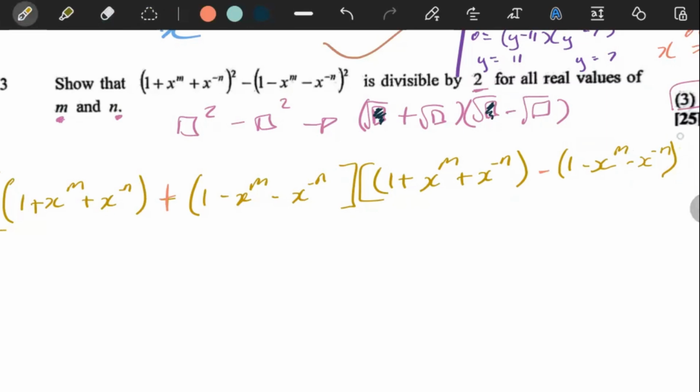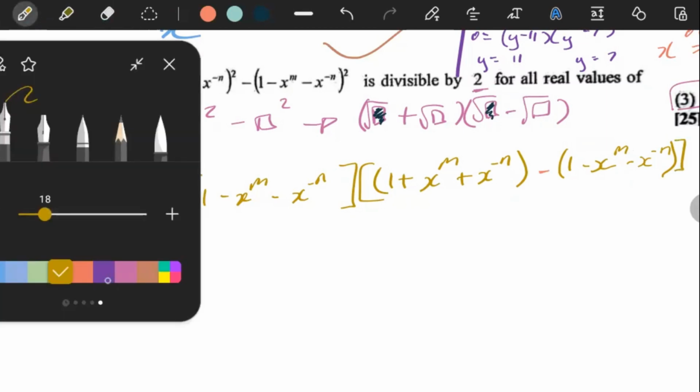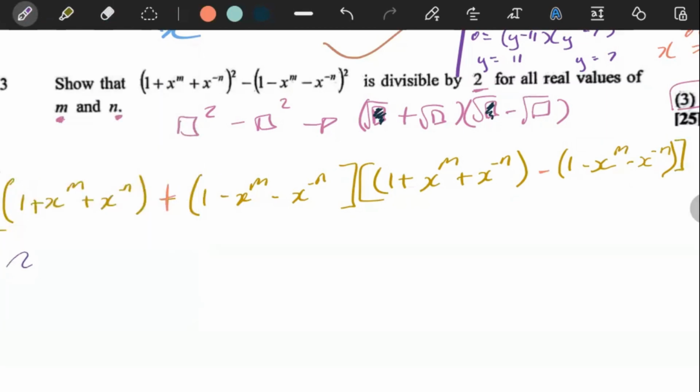So all this being done, you can see it works out a bit easier now because it's just basic algebra, you see. This bracket, nothing is going to happen because we can't really do anything there. But the next bracket, though, if you multiply a positive inside, that's going to be plus 1 minus x to the power of m minus x to the power of negative n.